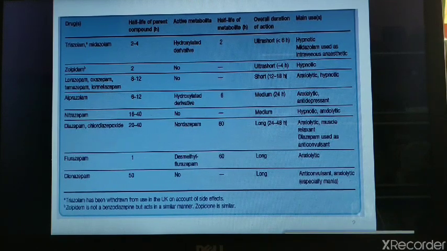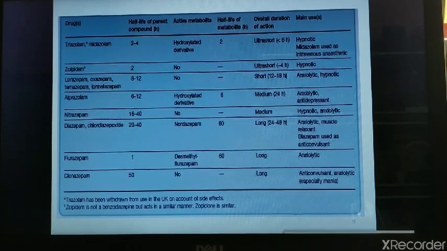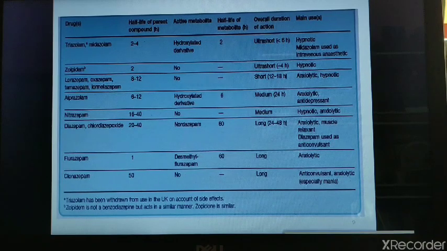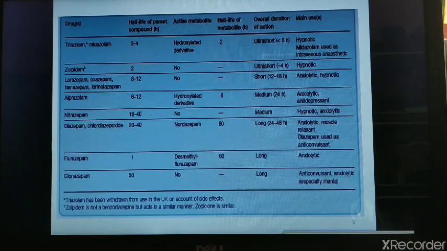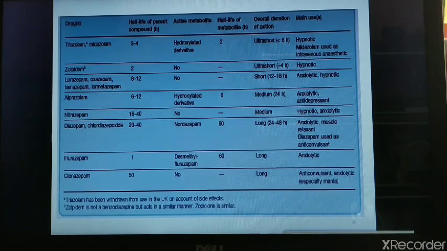The short acting ones are lorazepam, oxazepam, temazepam, etc. Medium acting benzodiazepines are alprazolam and nitrazepam. Long acting ones are diazepam, chlordiazepoxide, flurazepam and clonazepam. The half-life of the parent compounds is indicated here, along with the active metabolite and the half-life of the metabolite, and the main uses.